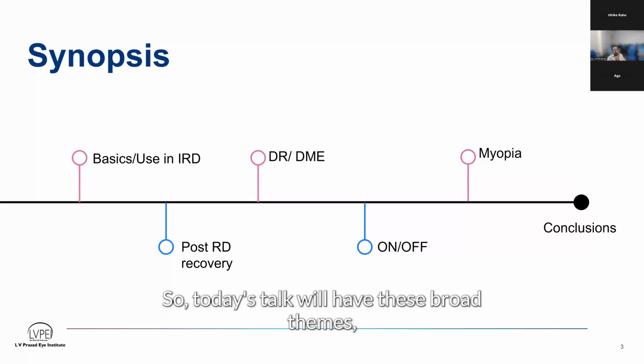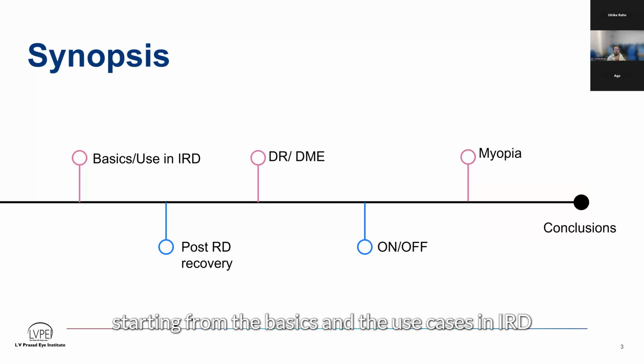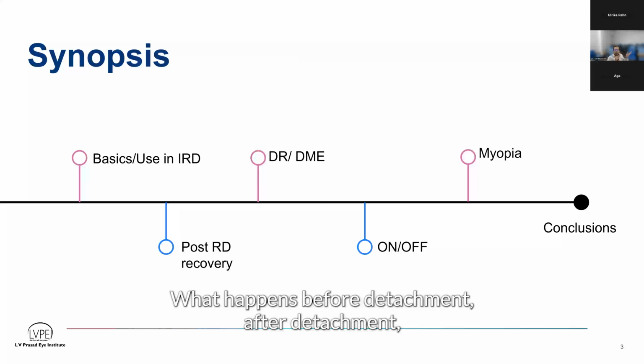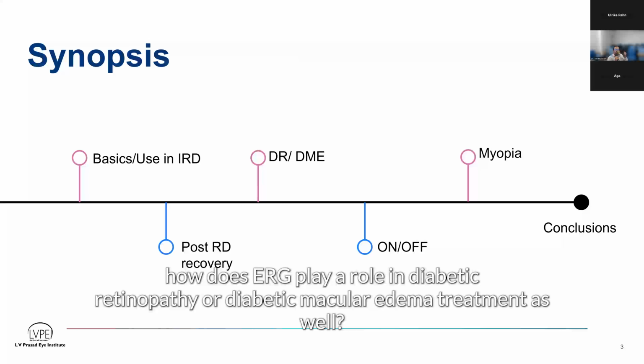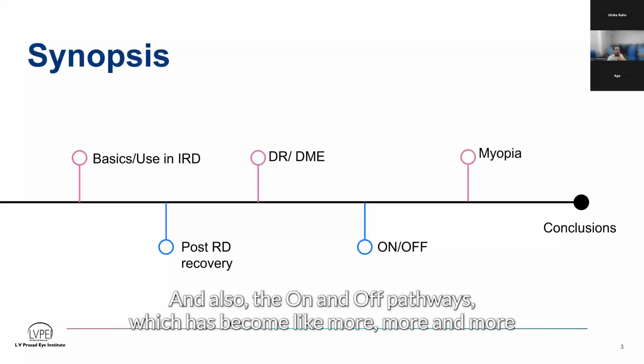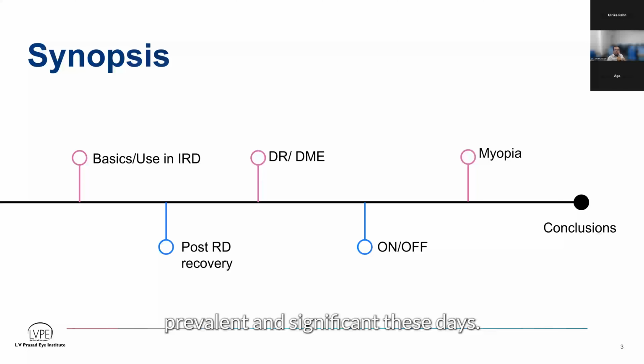So today's talk will have these broad themes, starting from basics and the use cases in IRD, and then we'll talk about retinal detachment, what happens before detachment, after detachment, how is the recovery, and also a very important role, how does the ERG play a role in diabetic retinopathy or diabetic macular edema treatment as well, and also the on and off pathways, which has become more and more prevalent and significant these days.